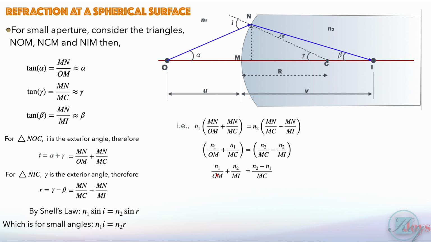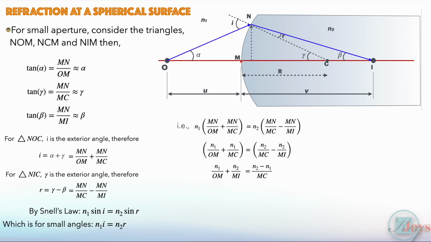Now in this, what is Om? Om, from O to M, is the object distance, and M to I is the image distance. But here we should use the sign conventions, the Cartesian sign convention. According to the Cartesian sign convention, any distance, whether it is object distance, image distance or any other distance, is measured from the pole of the surface.